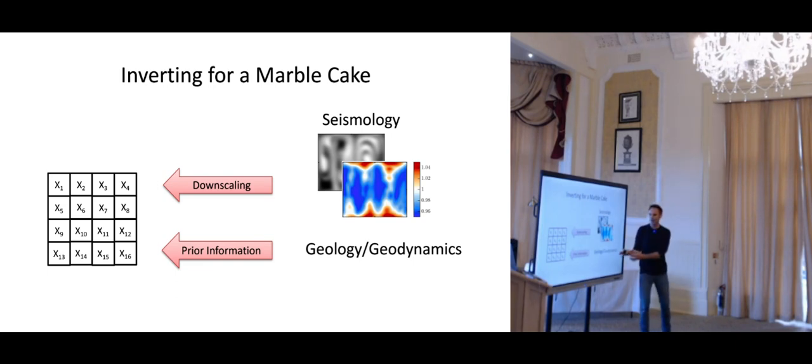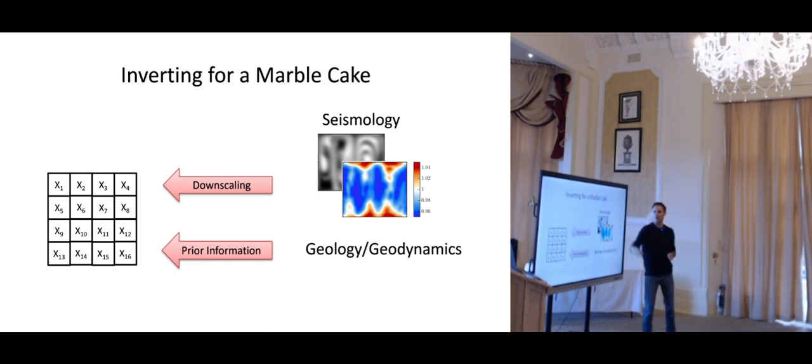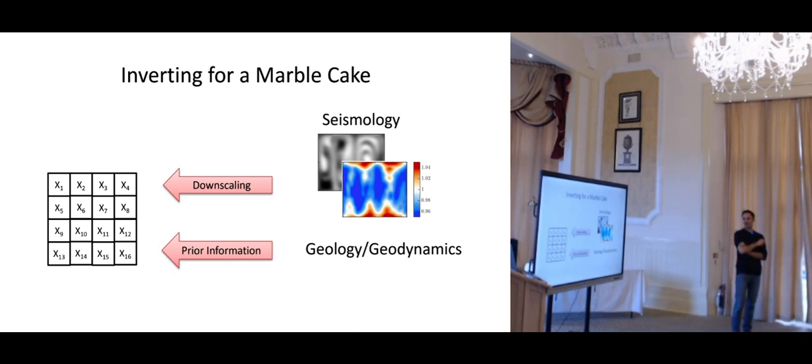If we think about it in terms of a Bayesian formulation, the data will be the seismic tomographic image, and the prior information will be geology or geodynamics. We want to include prior geological information into our model. Okay, so this is the problem that we are interested in. And I'd like to show two examples of two ways of solving it.